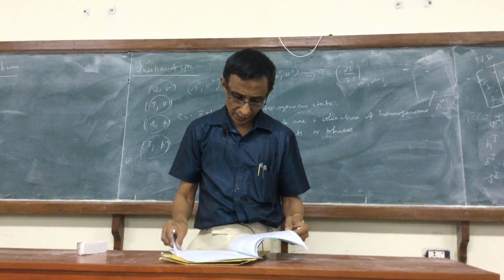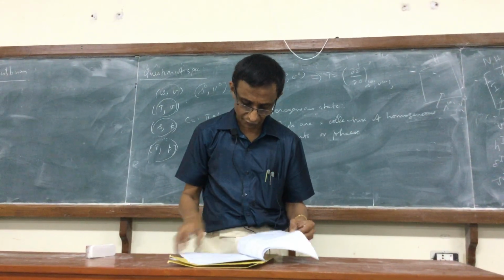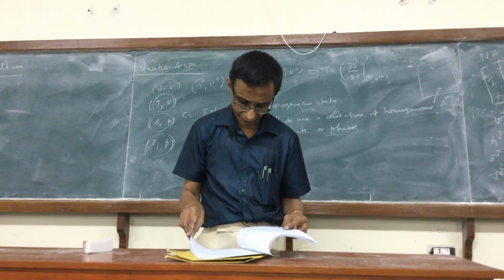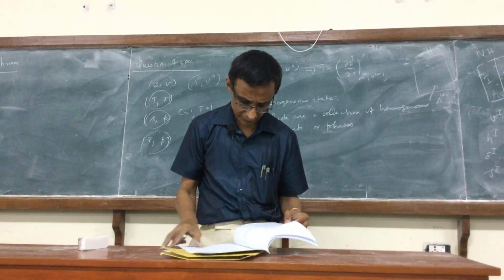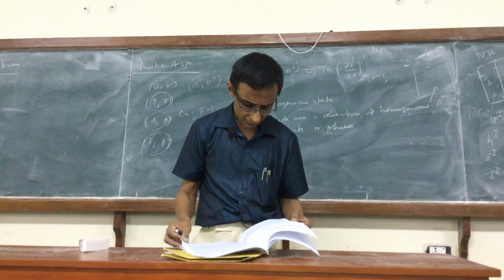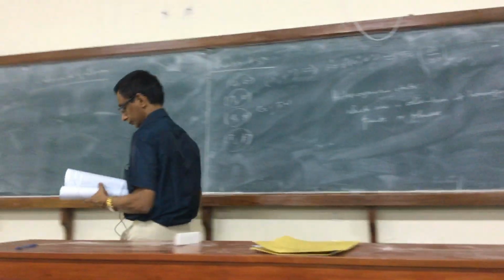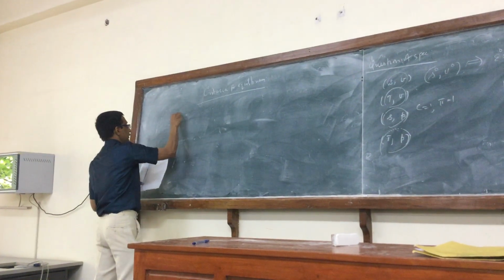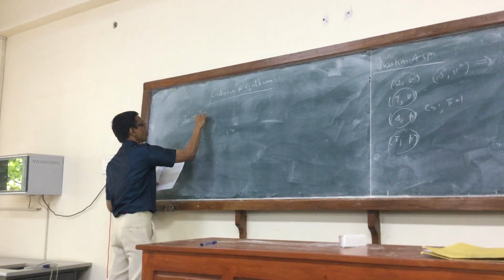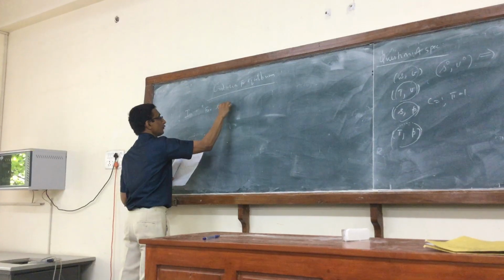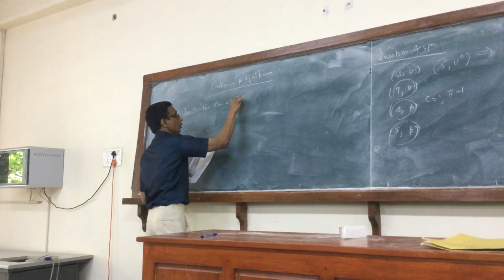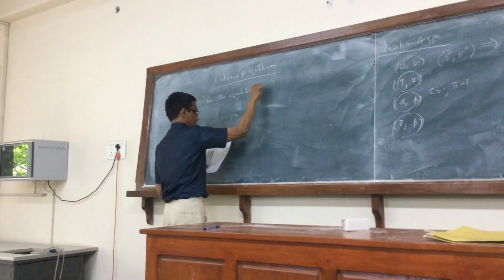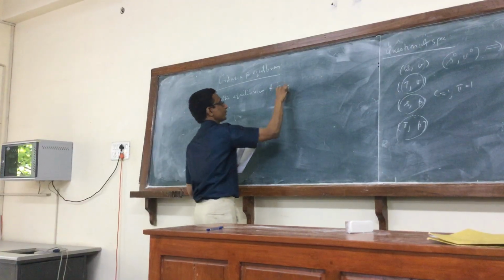So Gibbs listed first two criteria for equilibrium, which I want to write accurately. The first criterion is for the equilibrium of any isolated system.